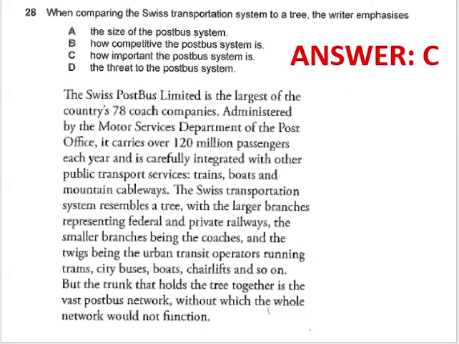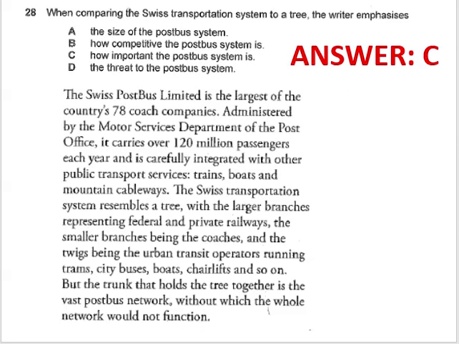It carries over 120 million passengers each year and is carefully integrated with other public transport services. So the post bus system is integrated, connected or linked with other public transport services like trains, boats and mountain cableways. So there is a good network for the Swiss post bus. That is what I have understood.